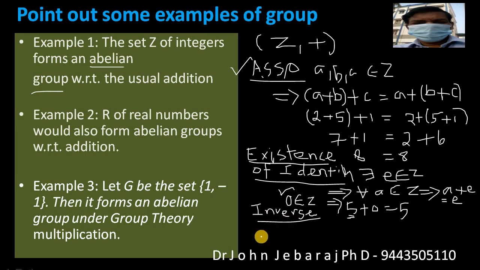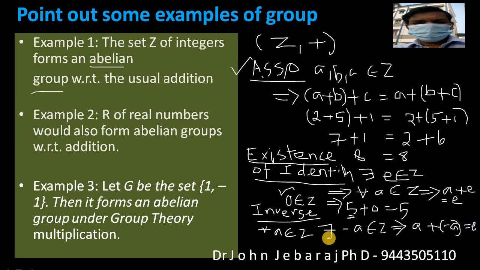Am I correct? Here, for all A belongs to Z, there exists minus A belongs to Z, such that A added with this minus A, by the binary operation, we get the identity element E. Am I correct?